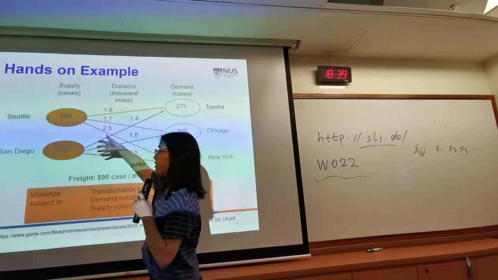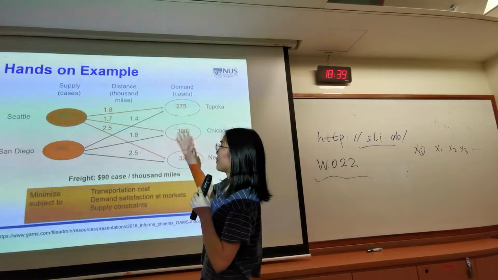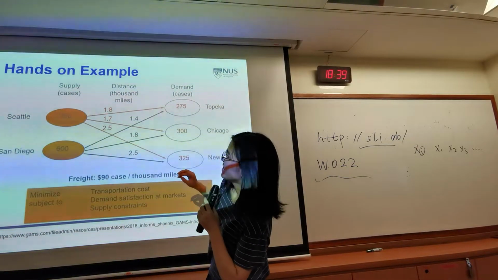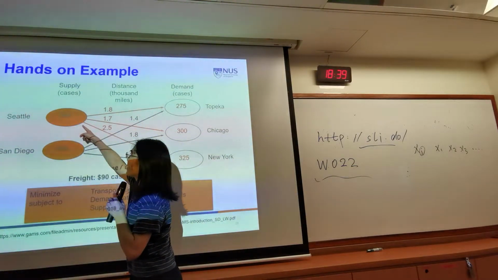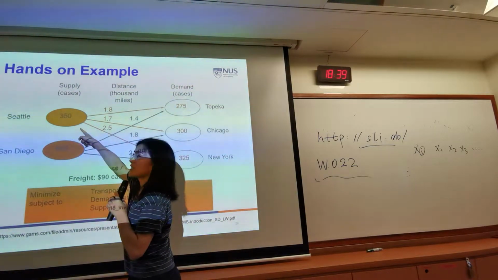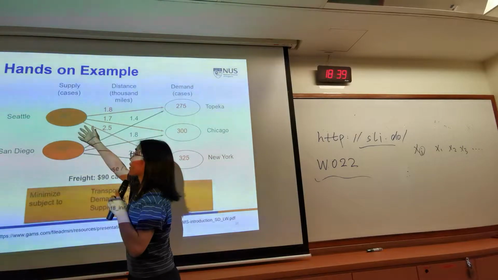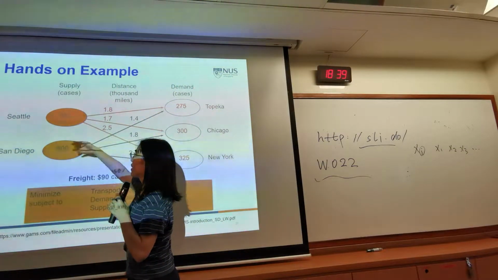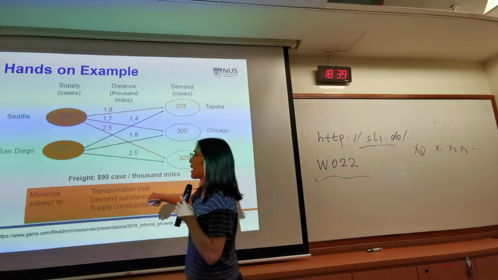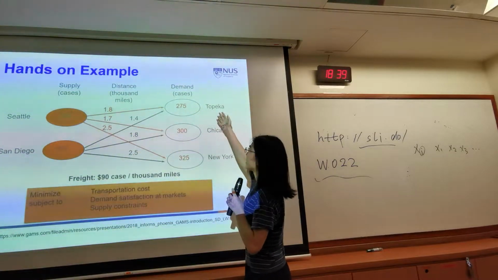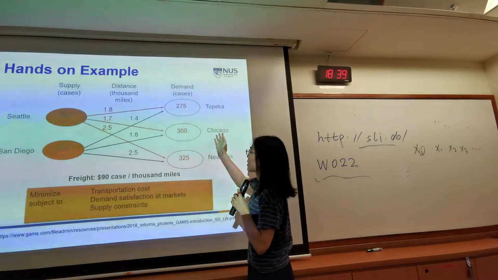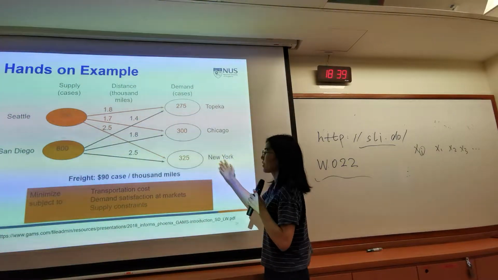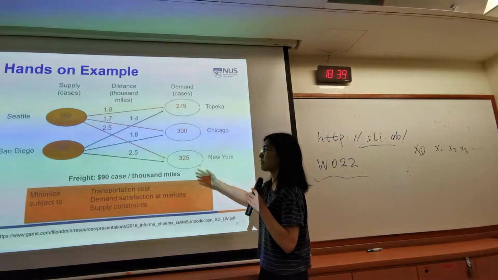So this is just a symbol of the previous graph. There is 350 stock availability in Seattle and 600 in San Diego. For the demand, Topeka requires 275, Chicago requires this amount, and New York requires 325.